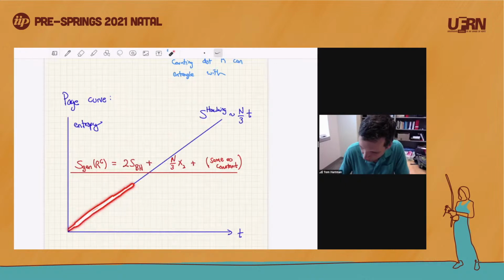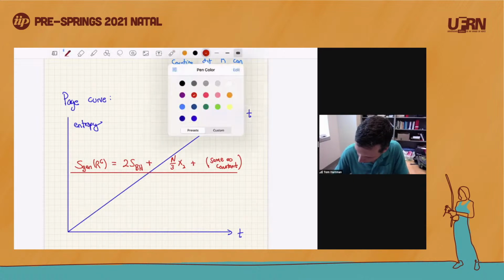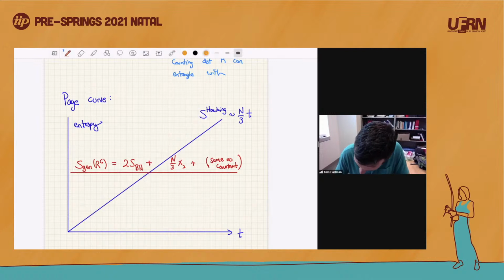The entropy is going up. But as soon as we get to here, if we follow this curve any further, we're going to violate unitarity. So the prediction of Don Page was that actually the true curve should follow like this. So that's the Page curve for the eternal black hole.